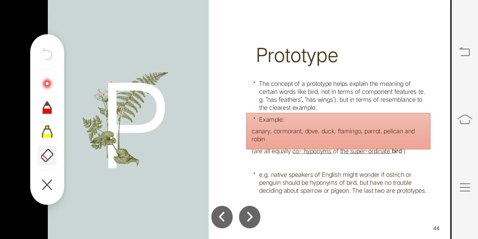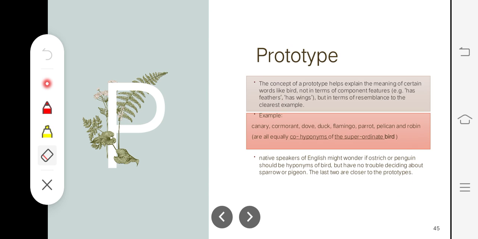They are not all considered to be equally good examples of the category bird, because the concept of a prototype helps explain the meaning of certain words like bird, not in terms of component features like it has feathers, has wings, but in terms of resemblance to the clearest example.